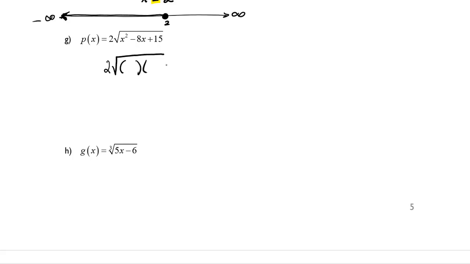Let's see if I can factor this quadratic. I have an x and an x for my binomial. I need a -3 and a -5 to get positive 15. And those two negatives will add to a -8, which means that my roots on the parabola will be at 3 and 5.